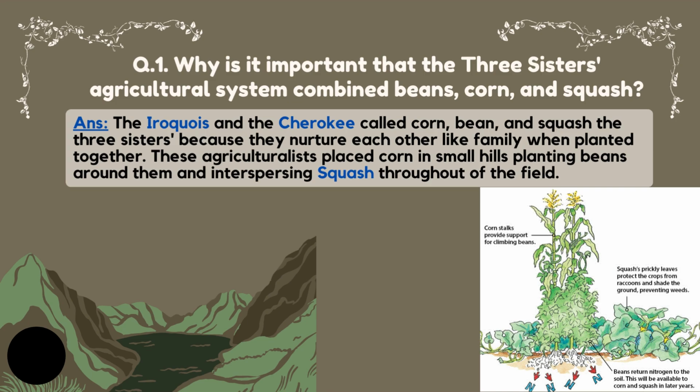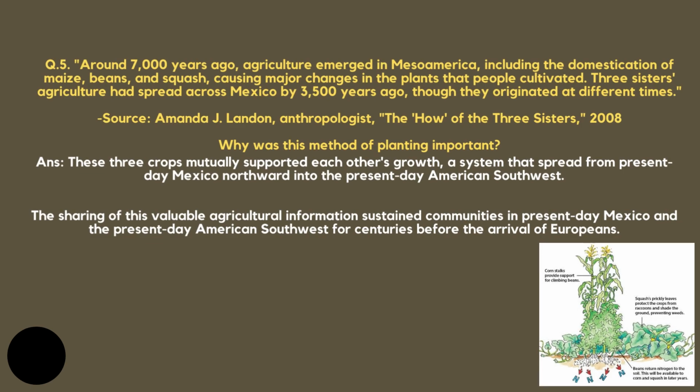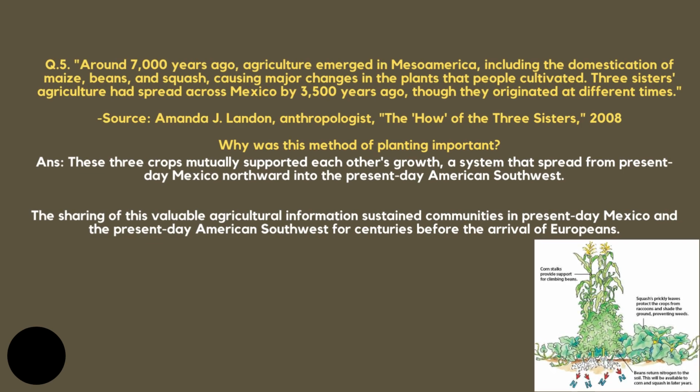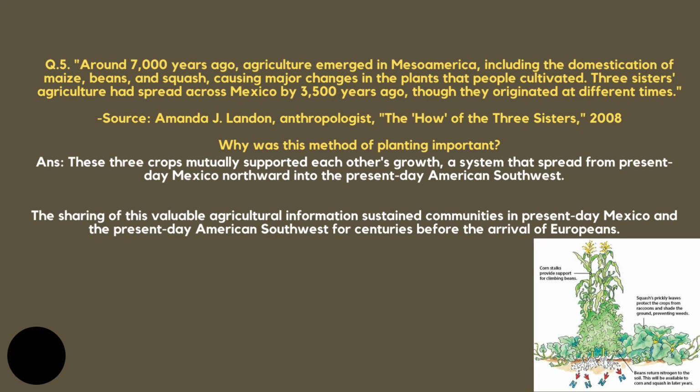These agriculturalists placed corn in small hills, planting beans around them and interspersing squash throughout the field. That's interesting.